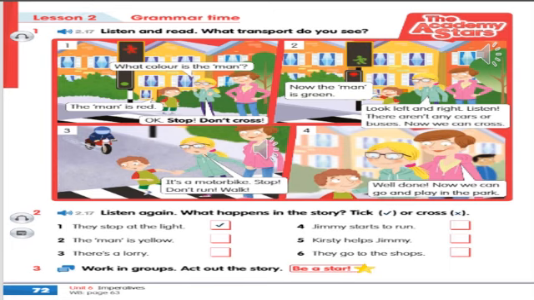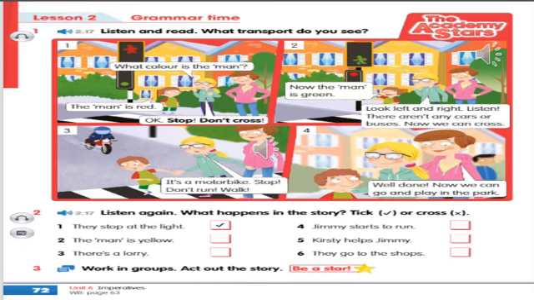So, exercise number 2. Listen again. What happens in the story? Tick or cross? We have to tick or cross.